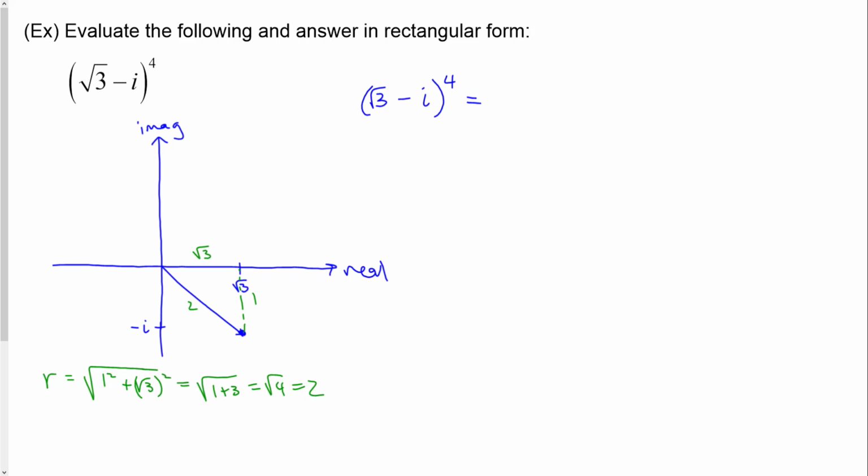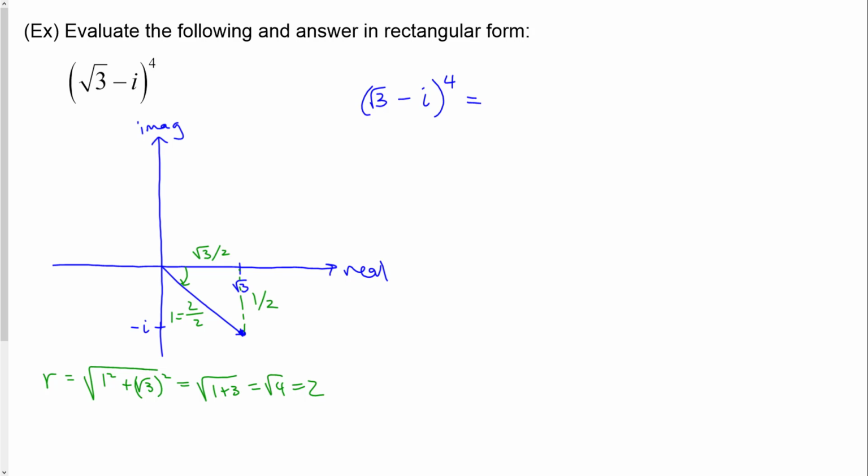Now, the angle measure. If I divide all sides of this triangle by 2, then this becomes 1. So that puts me on a unit circle. And one side of the triangle is the square root of 3 over 2. The other side is 1/2. So this type of triangle, with the ratio of sides 1, root 3, 2, is a 30-60-90 triangle.